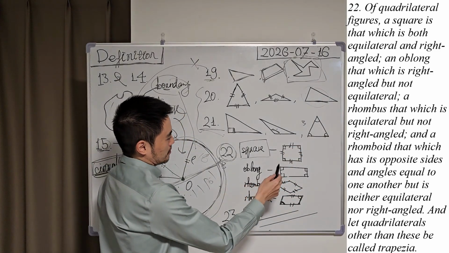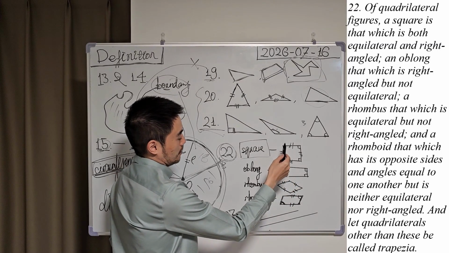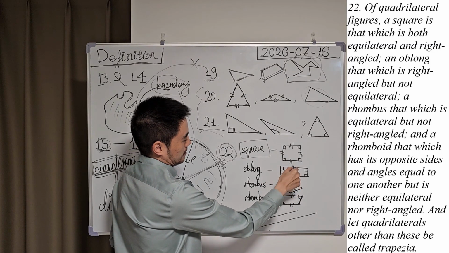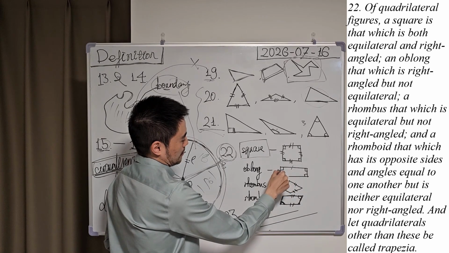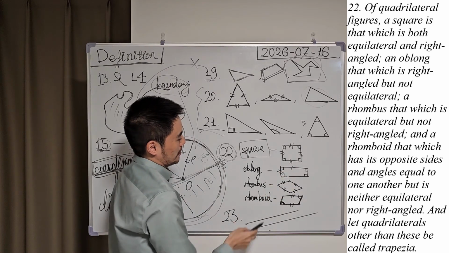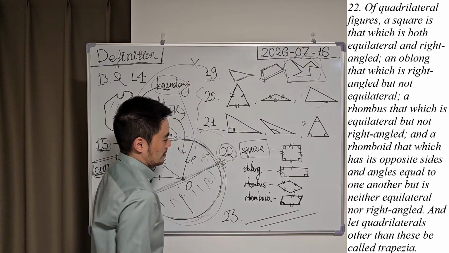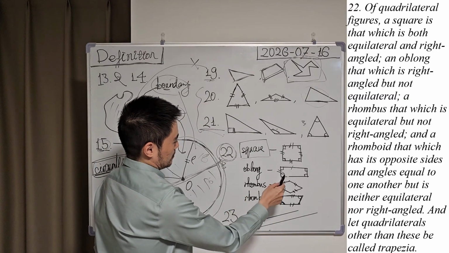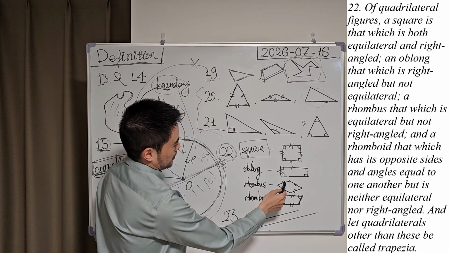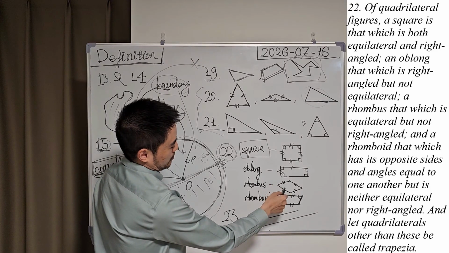It is not equilateral. You can see this side is not equal to this side, but it is right angled. And we have rhombus. It is equilateral but not right angled.